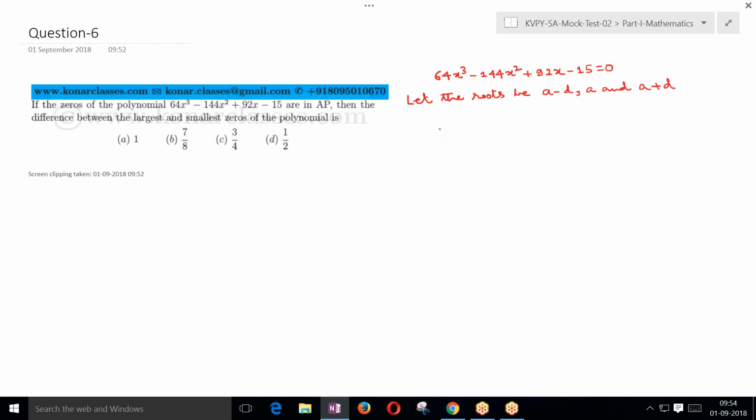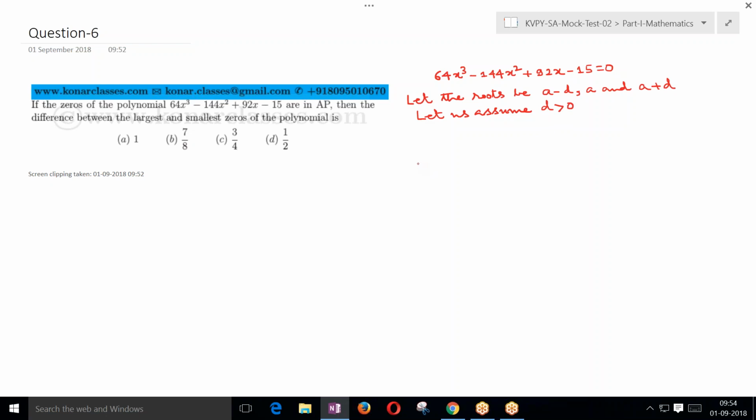Now, let us assume that d is greater than 0. We can assume d is less than 0 also, that is also possible, but let's assume d is greater than 0.